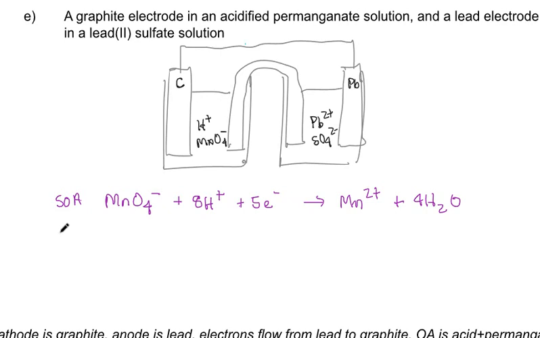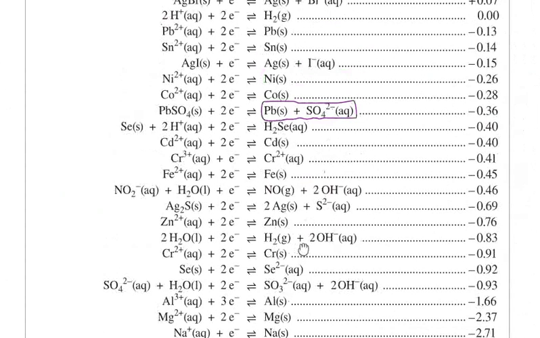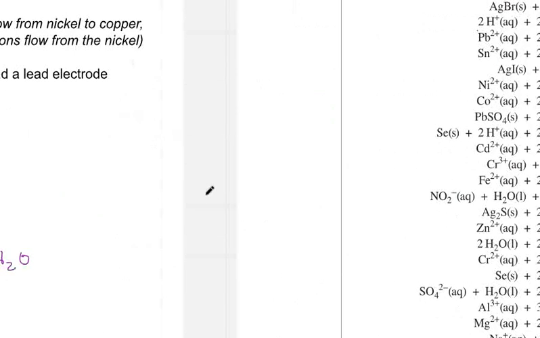Okay, that's our SOA reaction, and the SRA was the slightly unexpected lead metal plus sulfate ion, which turns into lead sulfate and 2 electrons.